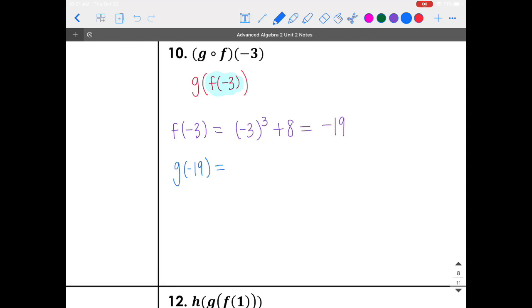And then I'm going to do g of negative 19. Negative 19 minus 1 is negative 20.